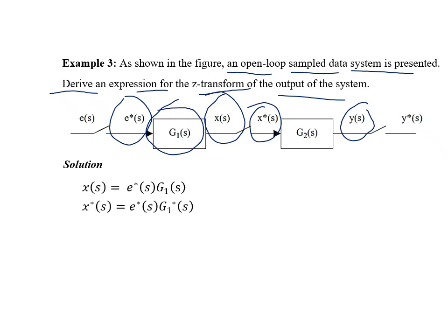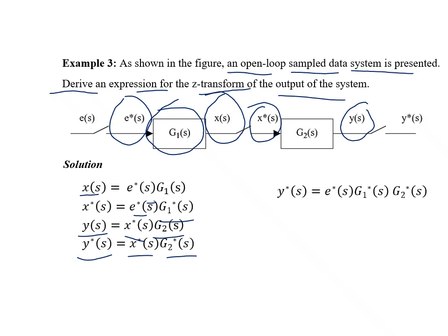And X star equals the star of X of S, which is E star times G1 star. Then Y equals X star times G2. We substitute X star, and we get Y star equals E star times G1 star times G2 star.